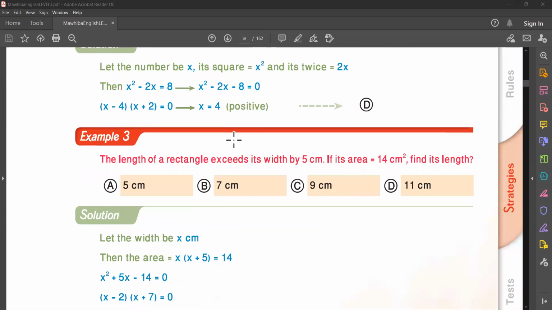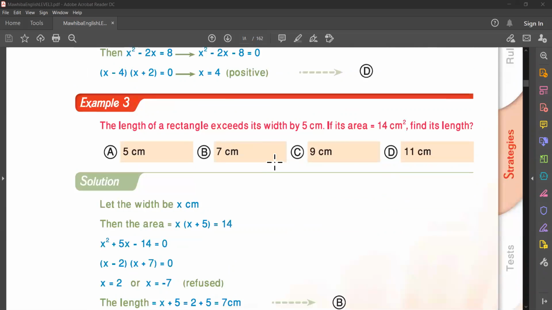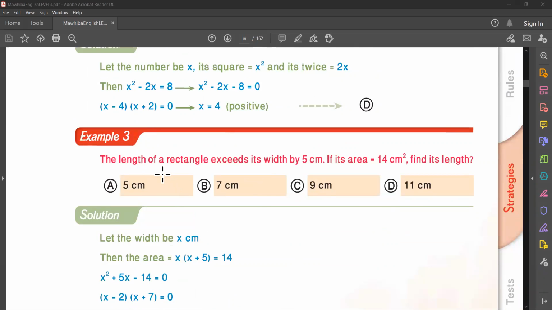The length of a rectangle exceeds its width by 5. If its area is 14, find its length.